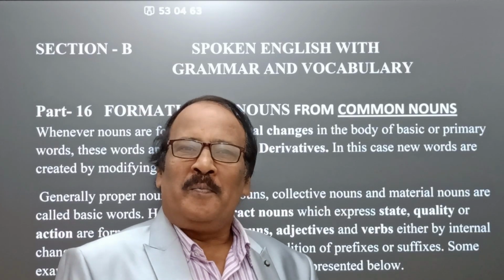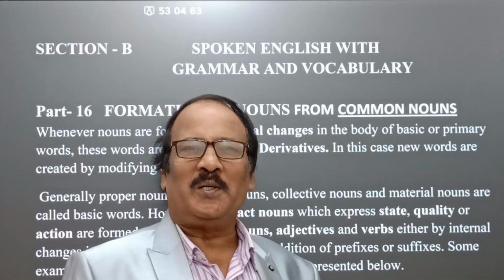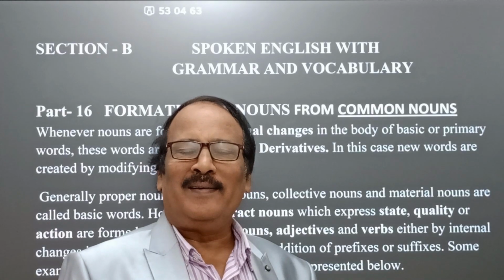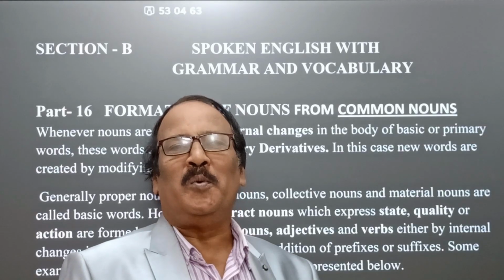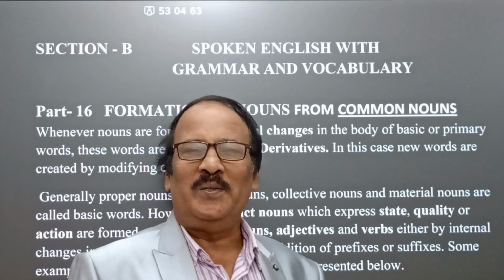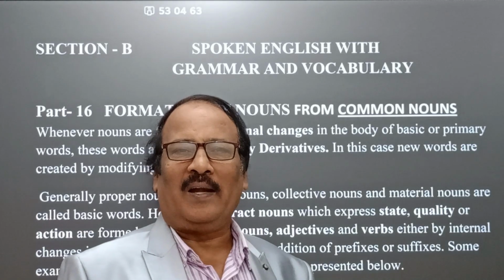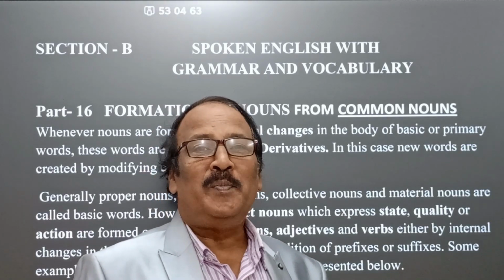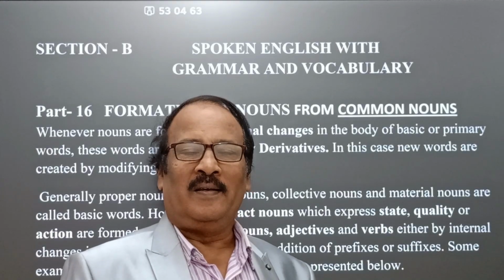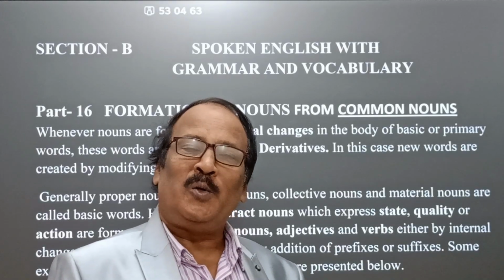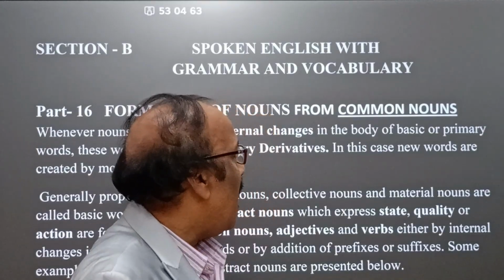In the last class, we discussed the matter in connection with word building, or the formation of word power, which is a very important factor in speaking and writing English fluently. We have also discussed how primary or basic words are there.